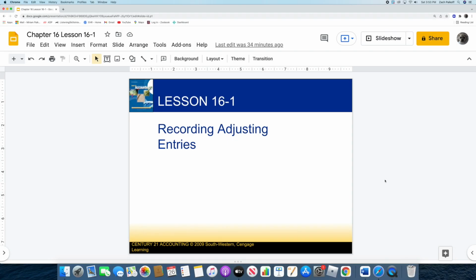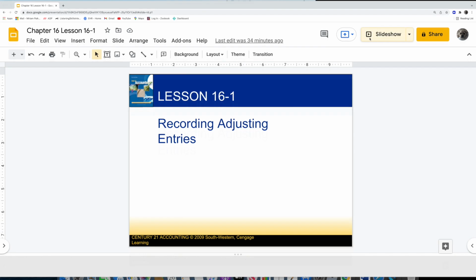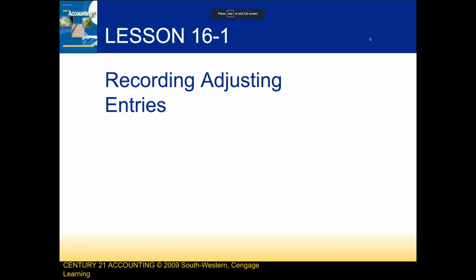Alrighty, so now we're going to be moving on to the 16-1 text, which is the first lesson in Chapter 16. And in this lesson, we will be learning about how to record adjusting entries for a corporation.